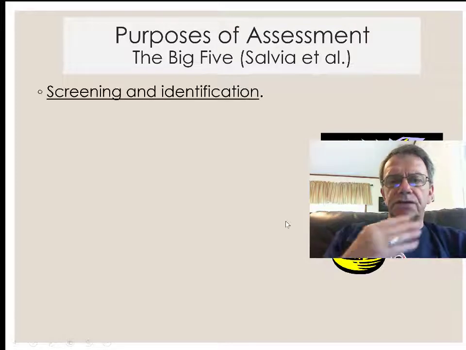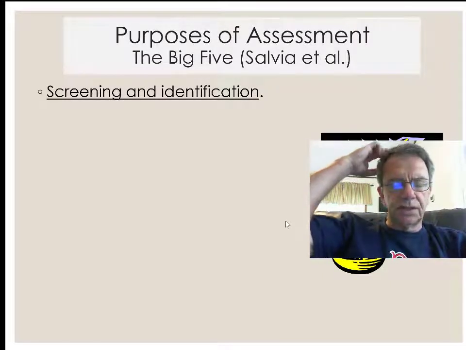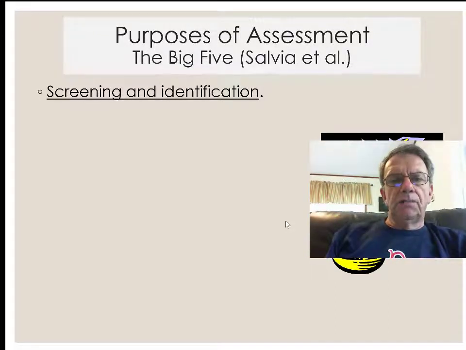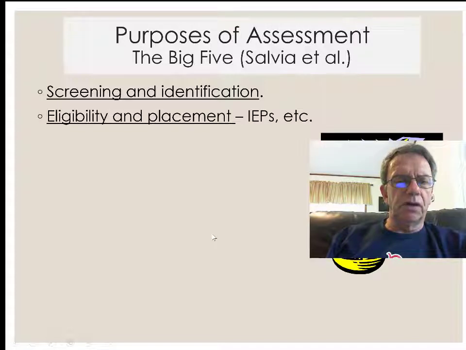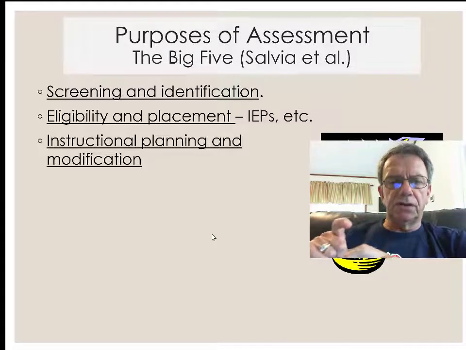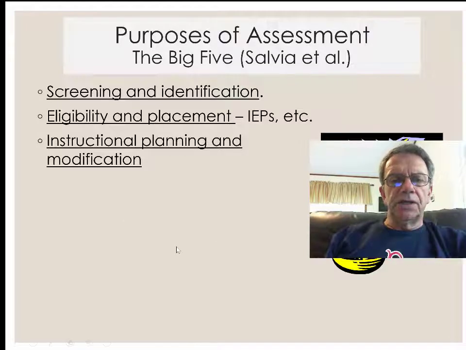You'll notice that in Salvia, that is the reading I have you do now rather than Waterman. Waterman is in ancillary materials, as I mentioned in a note. Salvia et al. have 7 purposes of assessment. 3 of them are identical to what Waterman said: screening and identification, eligibility and placement, although Waterman had 2 different purposes for the special ed portion, and instructional planning and modification.